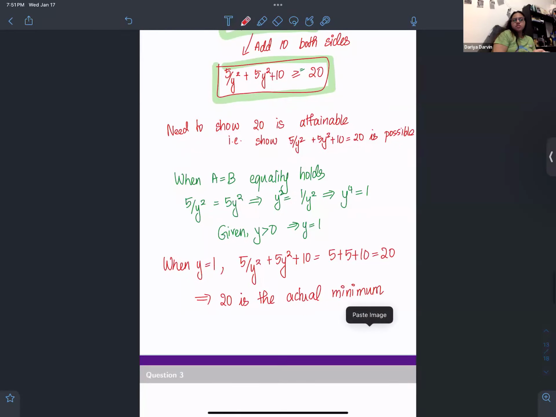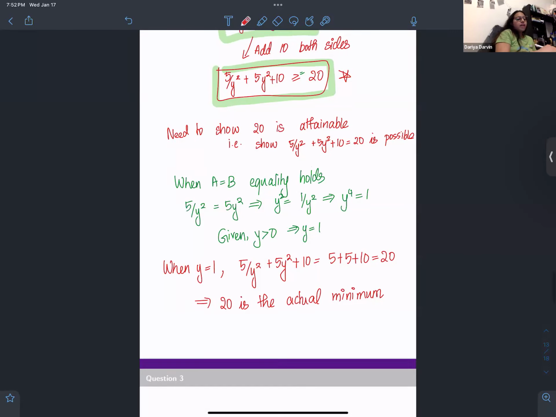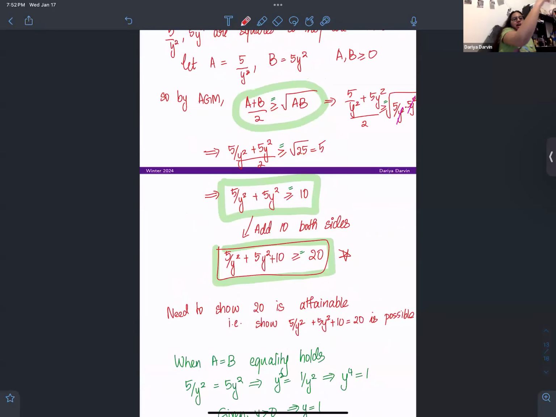Does that make sense? Again, if we stopped here with that inequality, we are not done because that inequality just says the left-hand side is bigger than or equal to 20. But to say 20 is the minimum, we need to make sure we can actually get 20. So we say, okay, that inequality should have been equal. How can that be equal? We move backwards, everything should have been equal. So we end up saying we get 20 when the starting point was an equality.